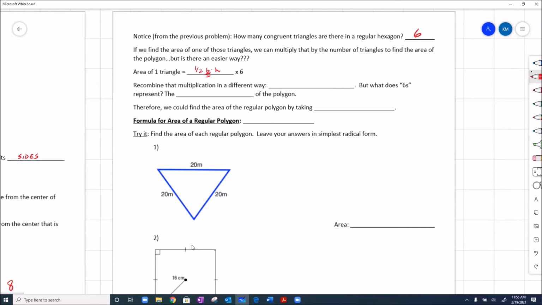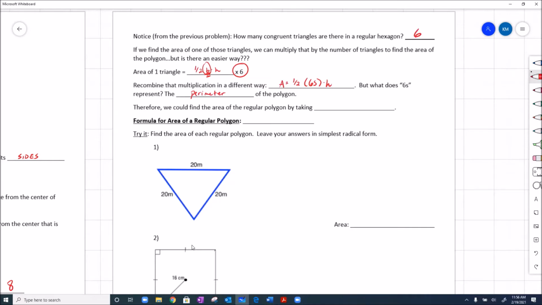So area equals 1/2, and we're going to put 6 sides together because there are 6 sides, times height. But the 6x represents the perimeter of the polygon, right? When we add all 6 sides together.